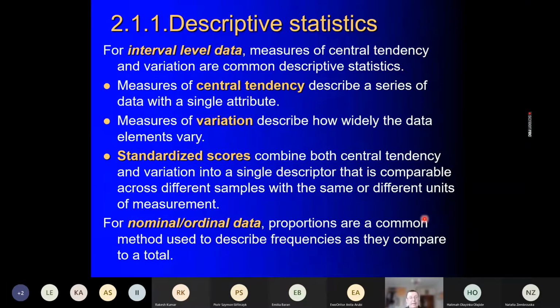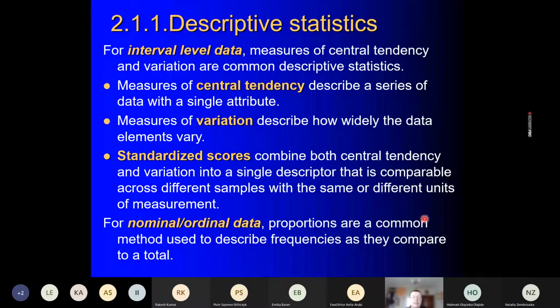And again, the usage of those assessments depends on our data type, depending on whether we have interval level data, nominal or ordinal data. So for non-interval level or discrete data, measures of central tendency and variation are common descriptive statistics.